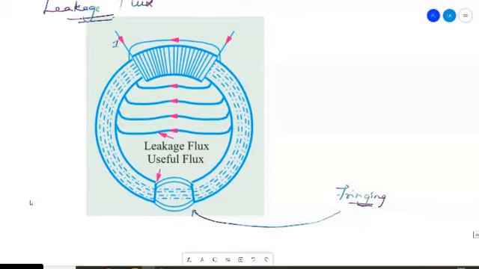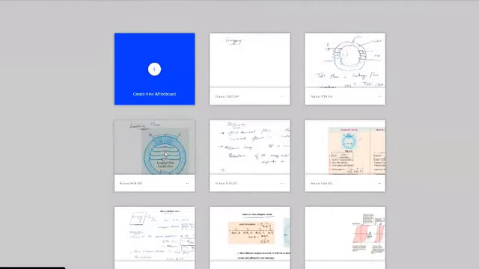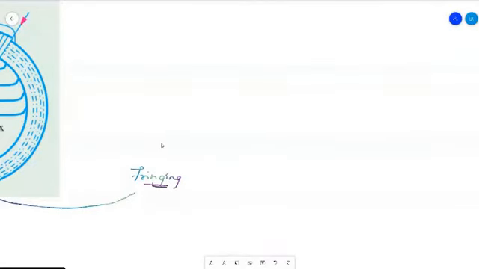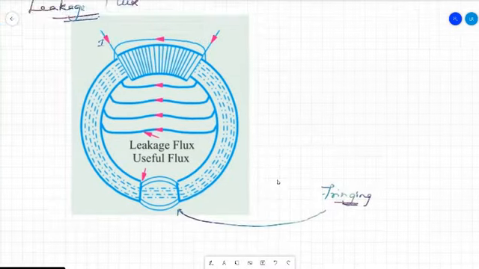One more concept we need to discuss is fringing. This fringing can be observed as I have shown in this diagram itself. So what happens?